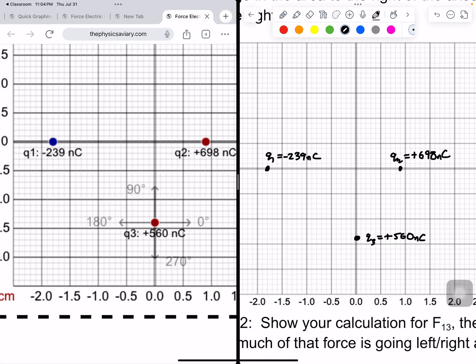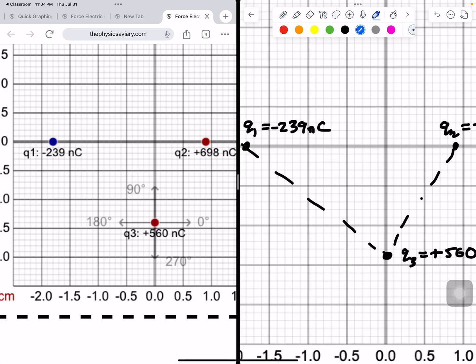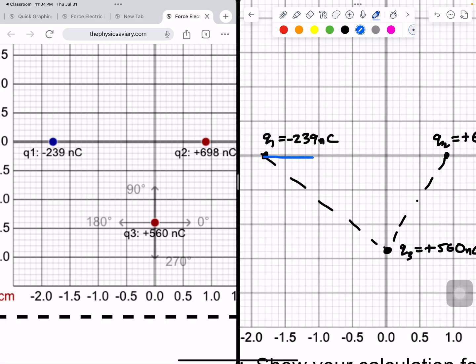Okay, so one of the things that we will need to do is find the distance between 2 and 3 and between 1 and 3. We need to find these distances because to use Coulomb's law, we're going to need the distance between those charges. So in order to find those distances, I'm going to make a little blue triangle here to establish this pair of charges.